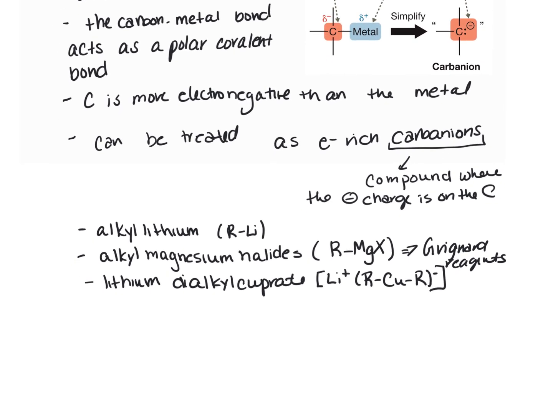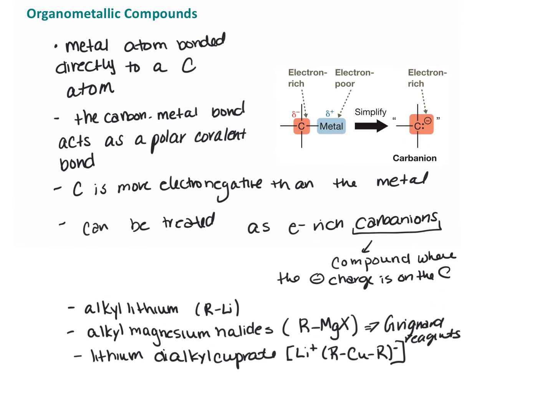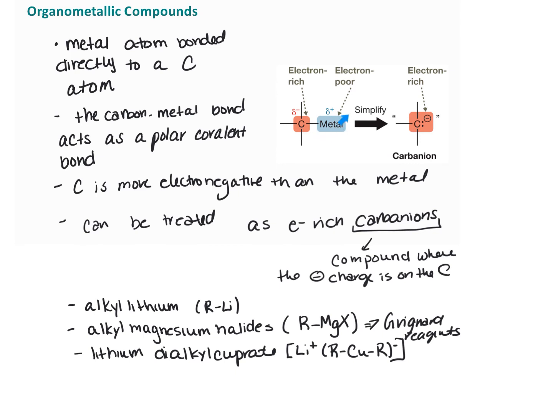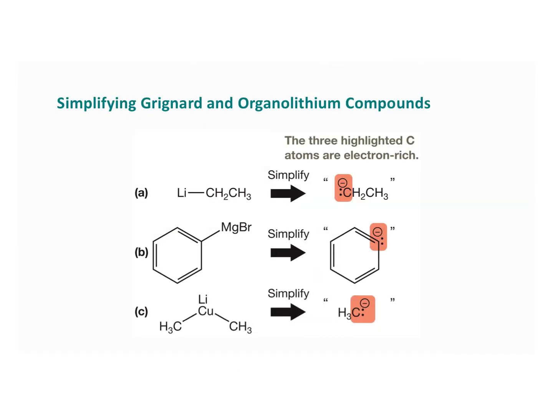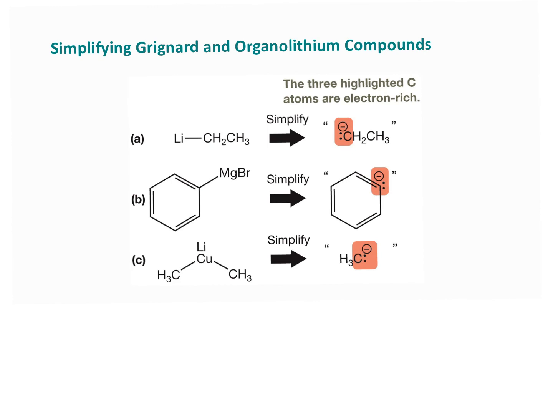So when we consider organometallic compounds in the flow of electrons from an electron-rich to an electron-poor site, we often leave the metal as the spectator ion. And so we can simplify it just down to the carbanion. I want to show you some examples of this on the next slide. So these are examples of the different organometallic compounds.